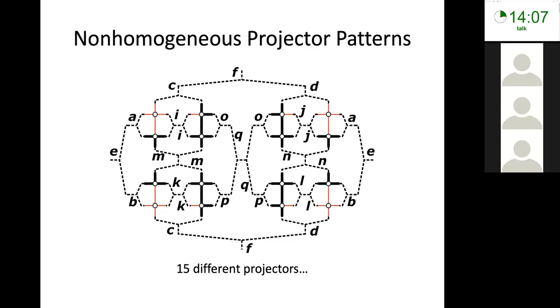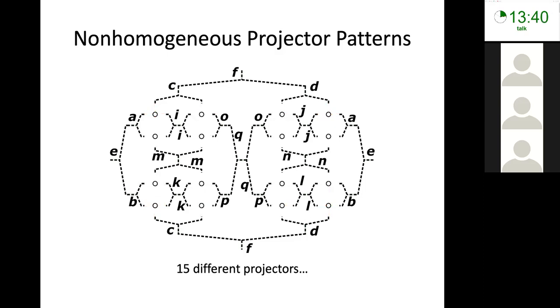Now we just took the extension pattern for the first tensor, and we calculate all these projectors, and some of them have to be the same in order to match these projectors properly. And so here we would obtain 15 different projectors. So then we would take these projectors and we might reapply them to other patterns where appropriate.